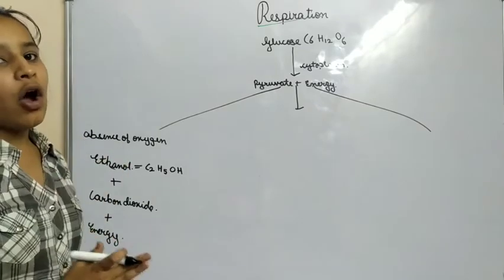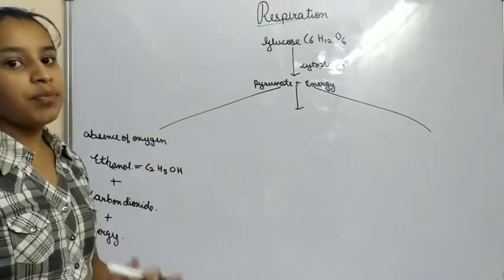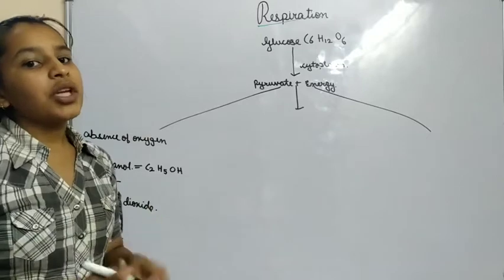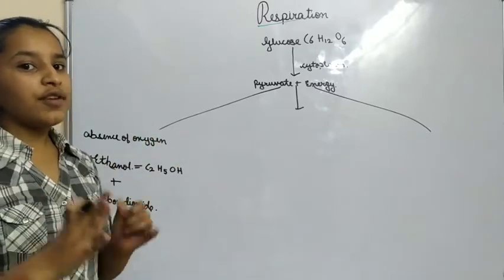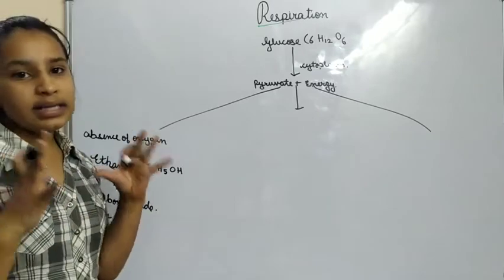For example, in the absence of oxygen, we can take yeast. During fermentation, when yeast is heated, bread and cakes become very spongy.